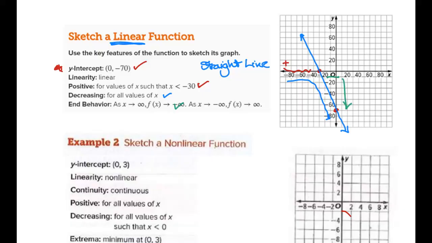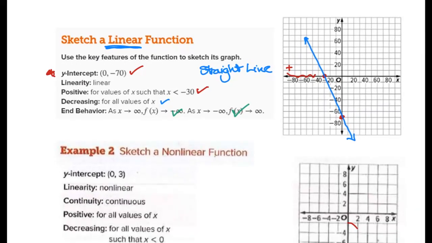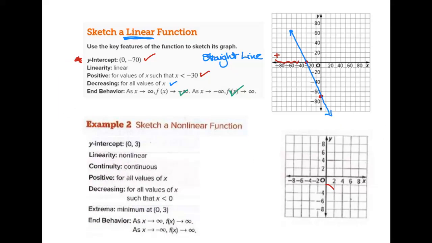Yes. As x approaches negative infinity, is the graph going to positive infinity? Yes. So that is my graph. Okay? So it's looking at the directions they give you and then putting it together to create a graph.